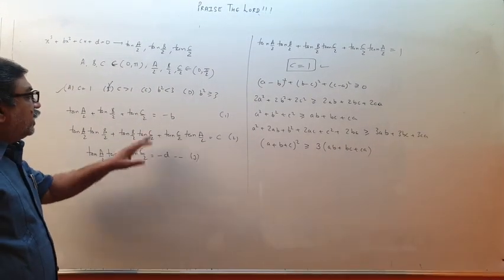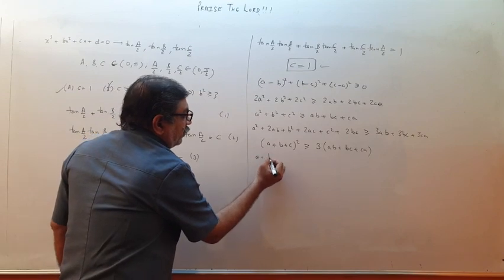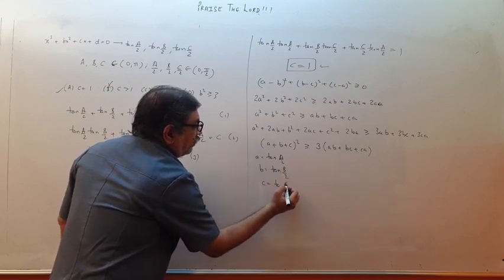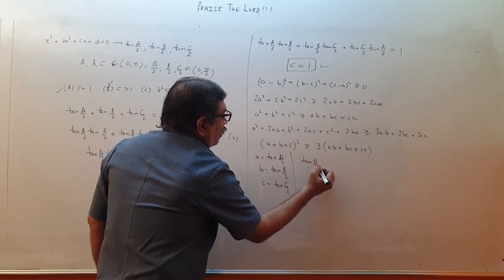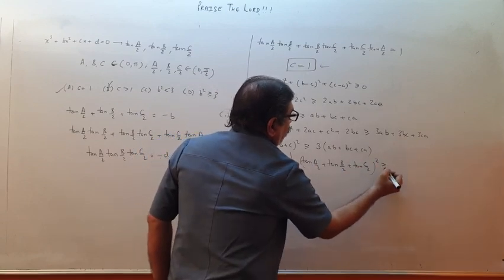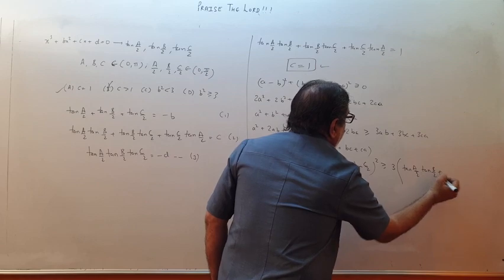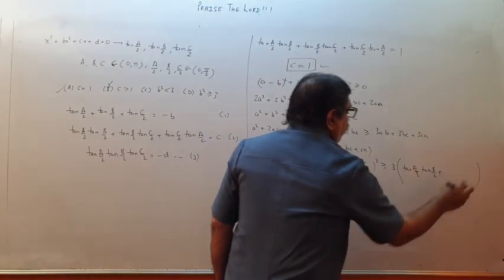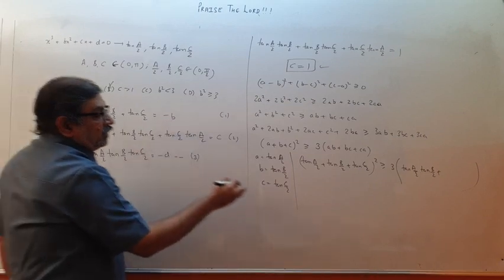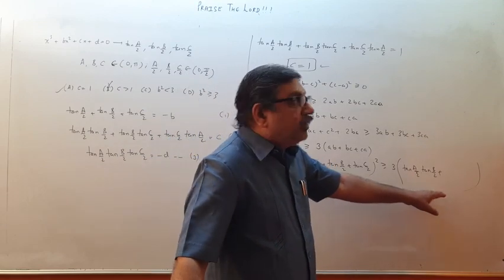We want to show b square. If a is taken as tan A by 2, b as tan B by 2, and c as tan C by 2, then I come to know that (tan A by 2 plus tan B by 2 plus tan C by 2) whole square will be greater than or equal to 3 times (tan A by 2 tan B by 2 plus tan B by 2 tan C by 2 plus tan C by 2 tan A by 2), that is 1.